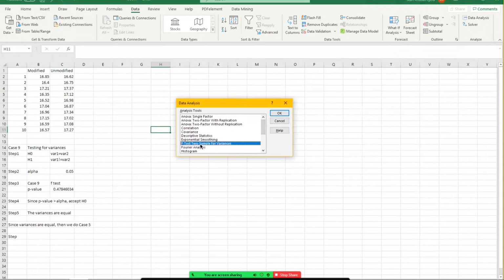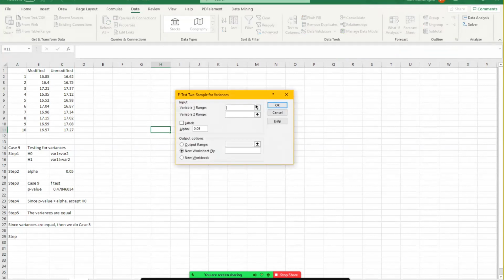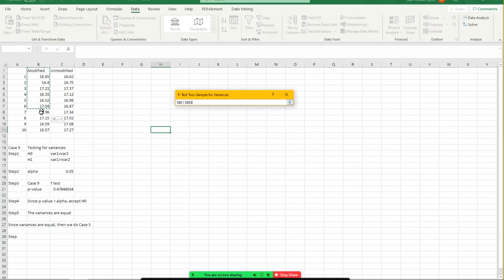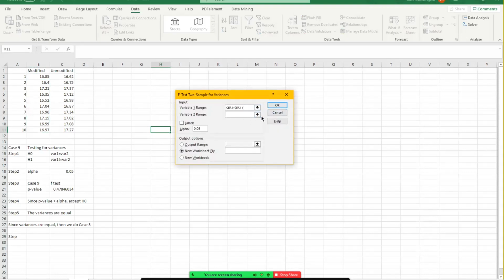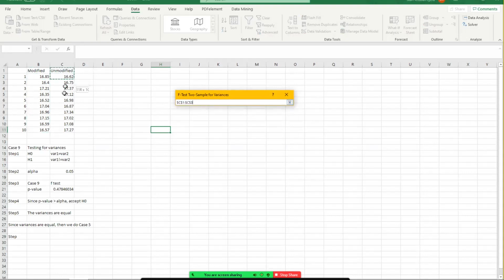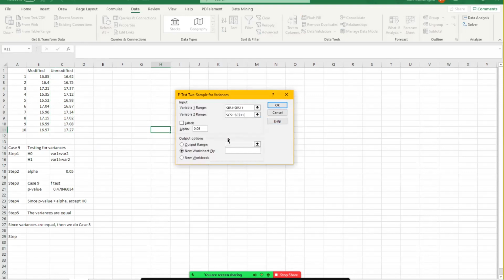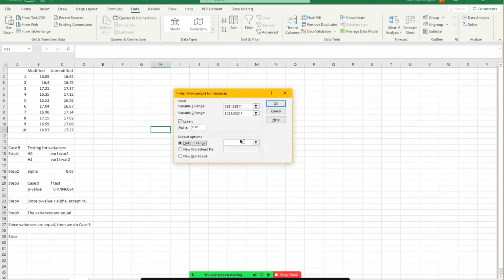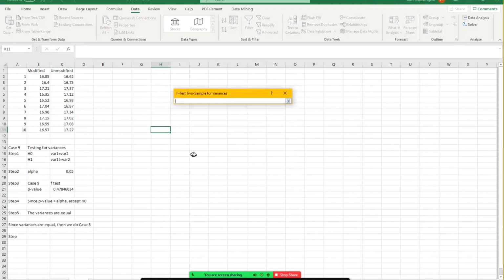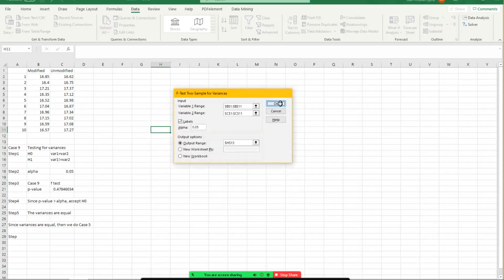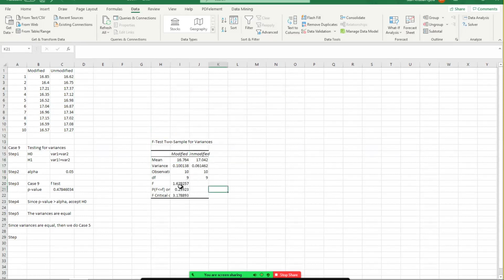So we choose that. Tapos variable range natin for dataset 1 is this one, tapos unmodified is this one. Tapos lagay natin ng labels, tapos 0.05, output natin sa tabi niya. Okay? So press OK.